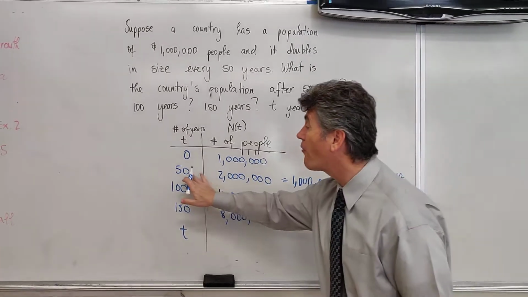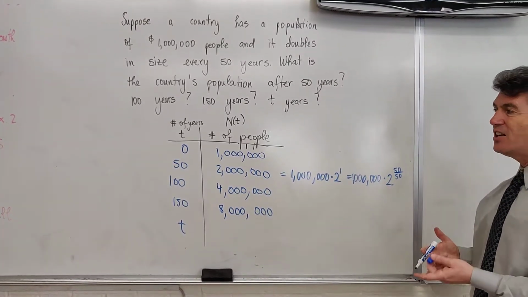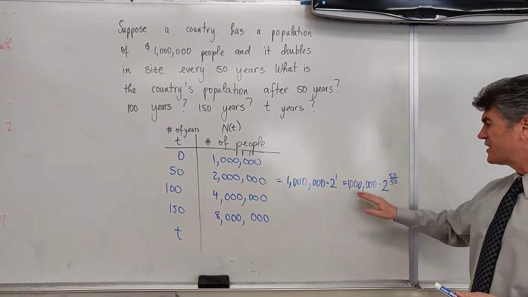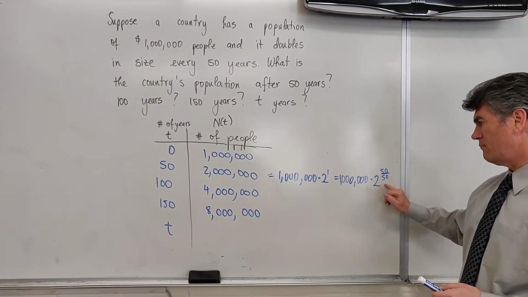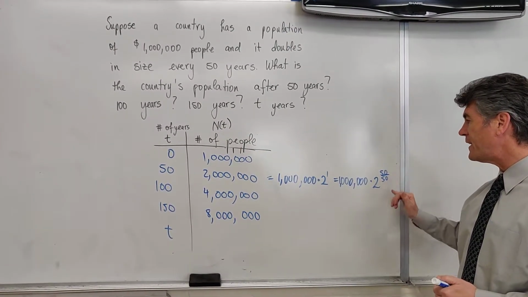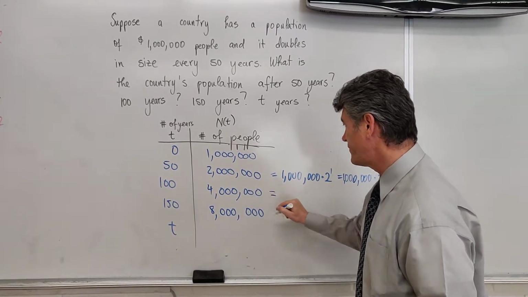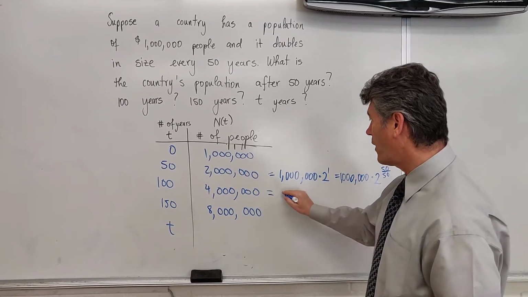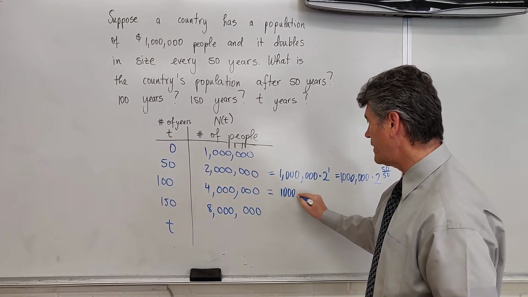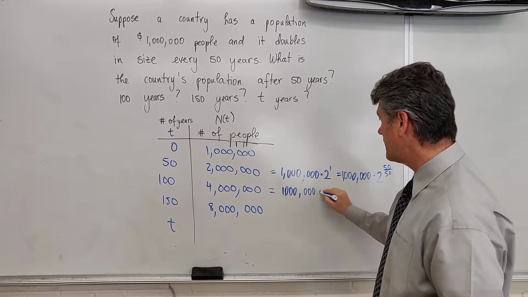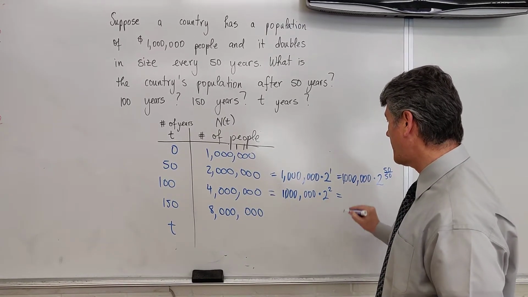Because I got to get the number 50 involved in there somehow. Let's continue this pattern. This is 1 million times 4. So this is 1 million times 2 squared this time.